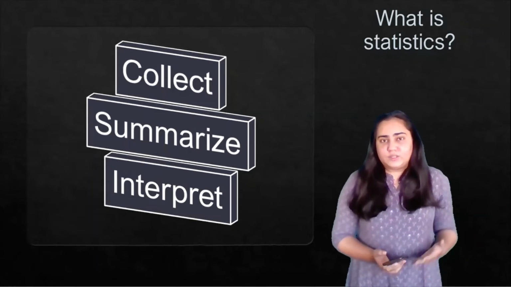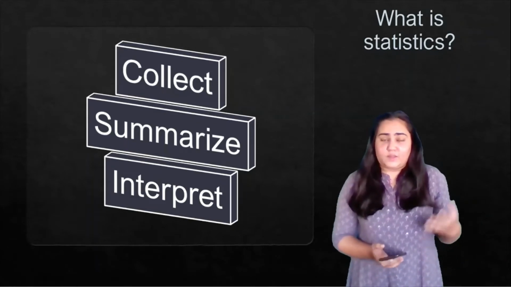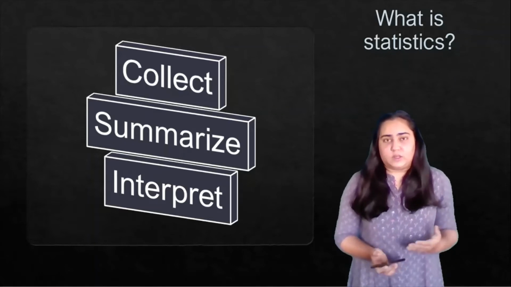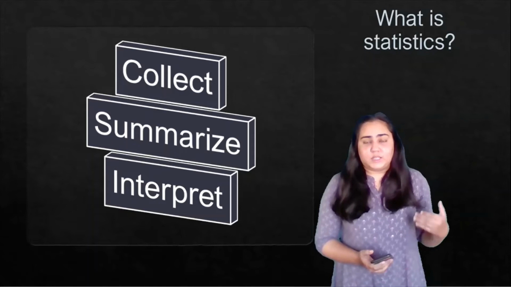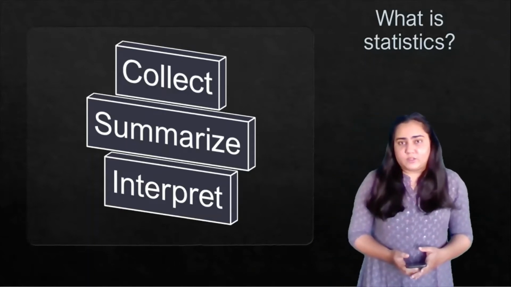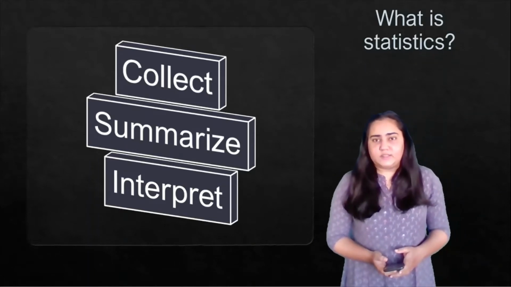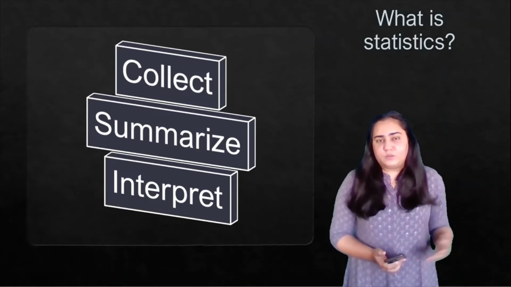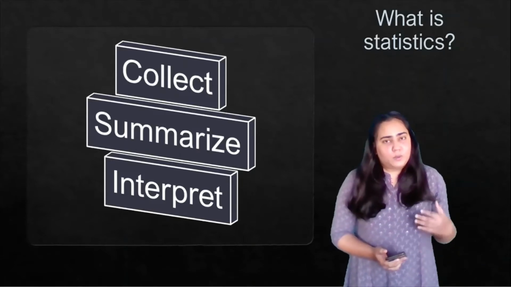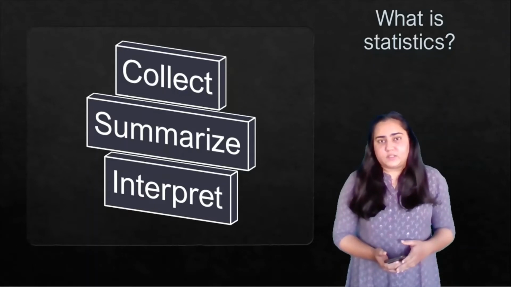So you're going to study about some other such measures also, not just mean, median, and mode, but some other measures that might help you to summarize your data. And once your data is summarized, the next step is to interpret. And interpretation is quite easy once you have summarized the data.